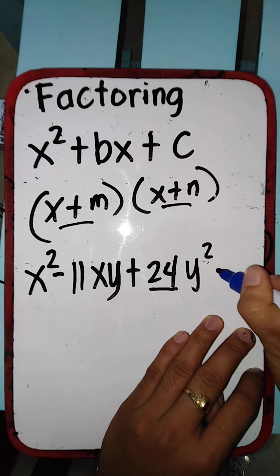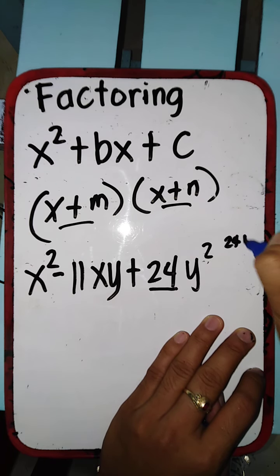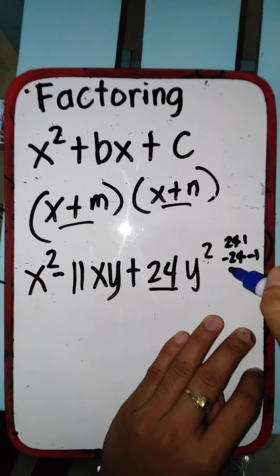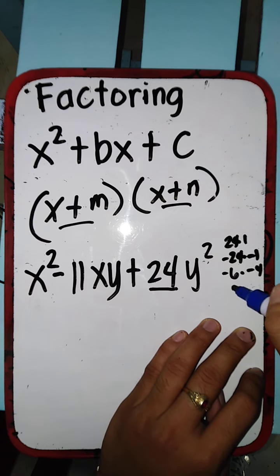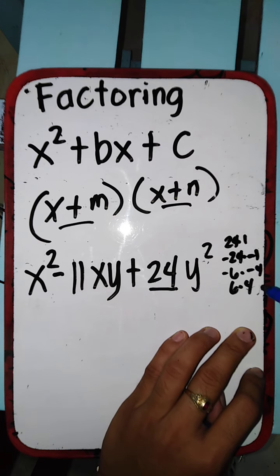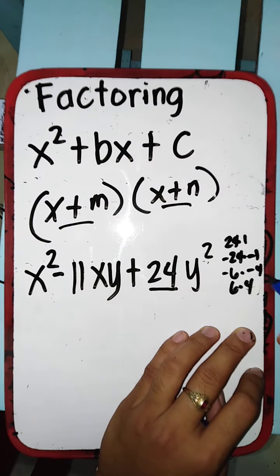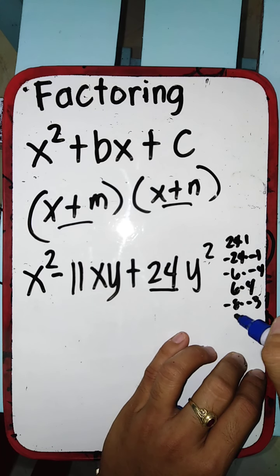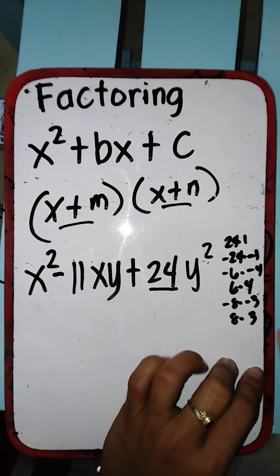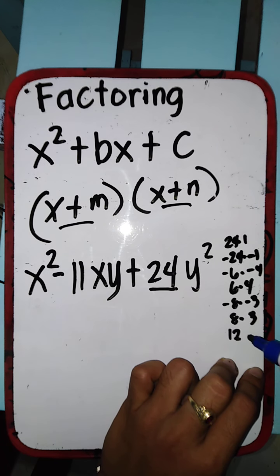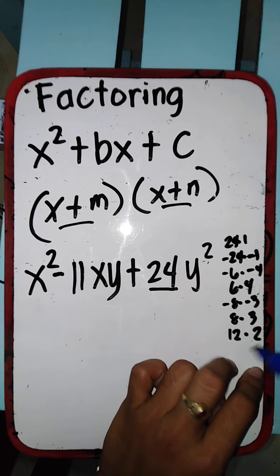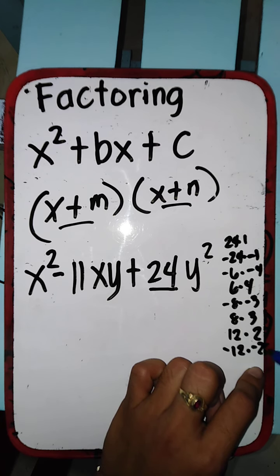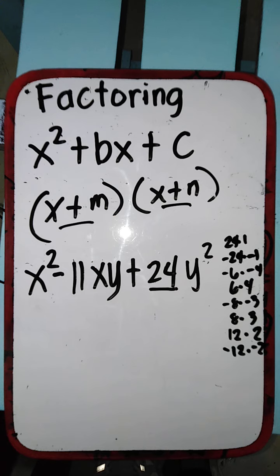We have 24 times 1, negative 24 times negative 1, negative 6 times negative 4, we have 6 times 4, and we have negative 8 times negative 3, and we have 8 times 3. We also have 12 times 2 and negative 12 times negative 2. So these are the factors of 24.